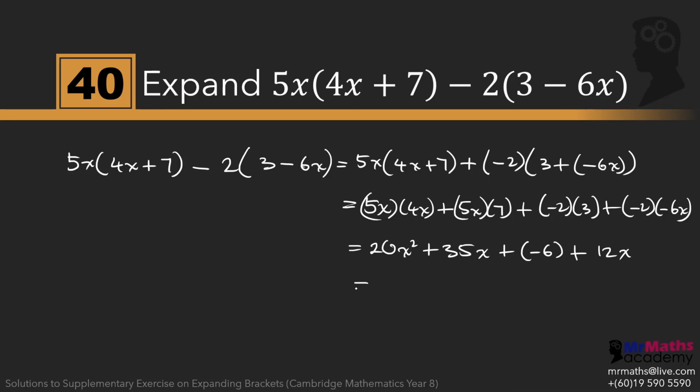Let's take a look at any of these like terms. There is no matching term for 20x squared, so we're going to leave 20x squared as is. But we have like terms here, 35x and 12x. Adding them up becomes 47x. And then we have plus minus 6, that basically is minus 6.